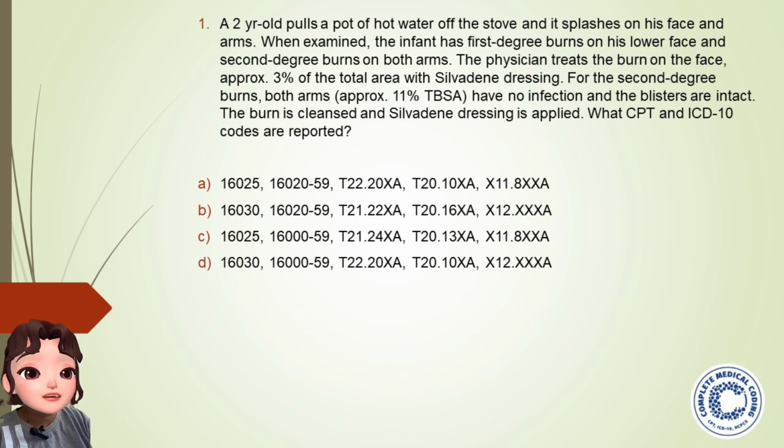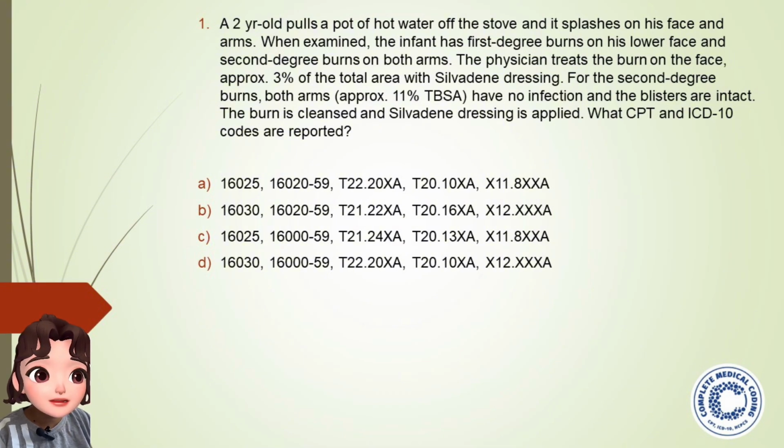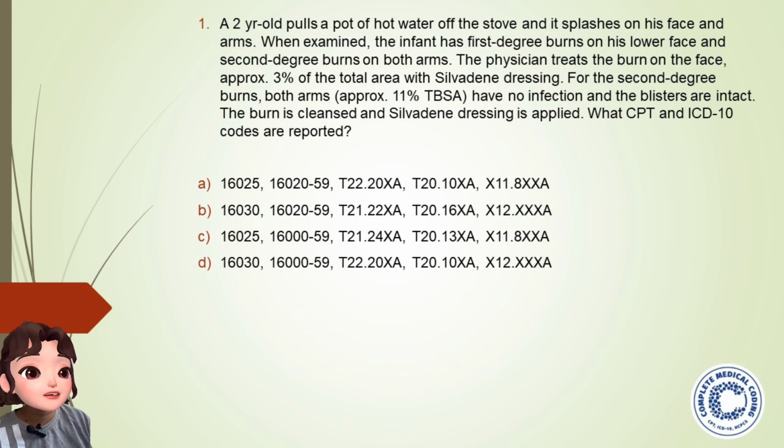If the TBSA is mentioned, or if there is more than one site, you have to code the more affected area first. The first CPT code should be the more affected area, and then you code the next one. Like here, first degree and second degree are there, right?